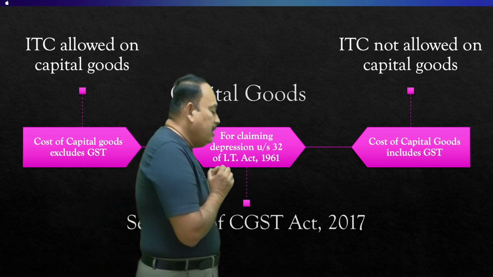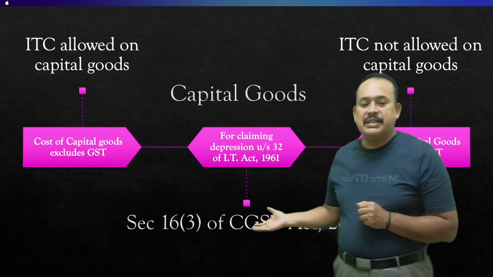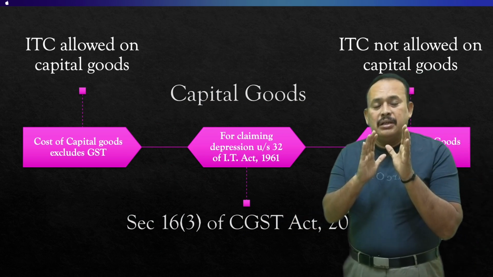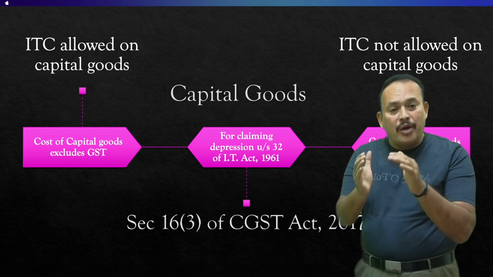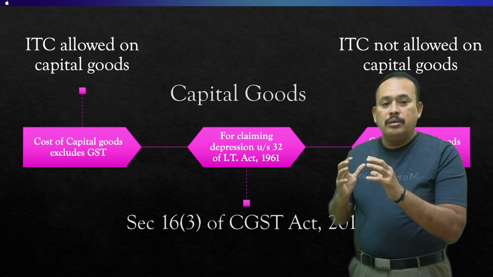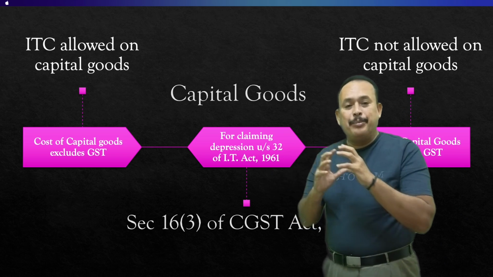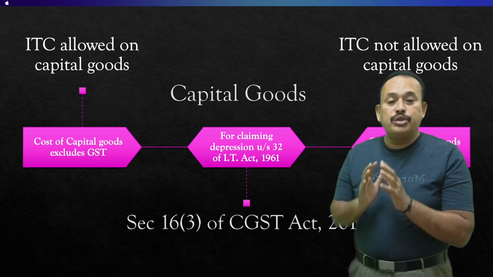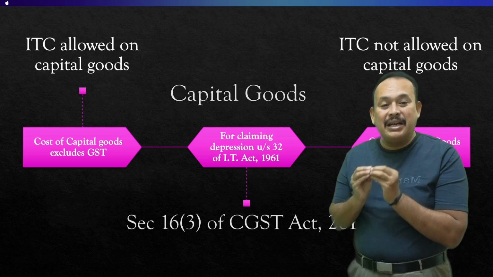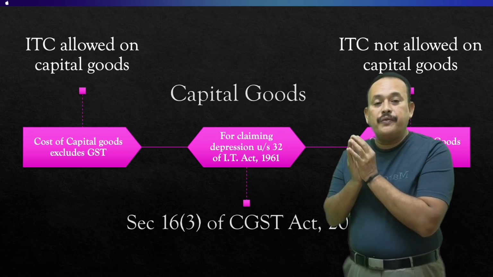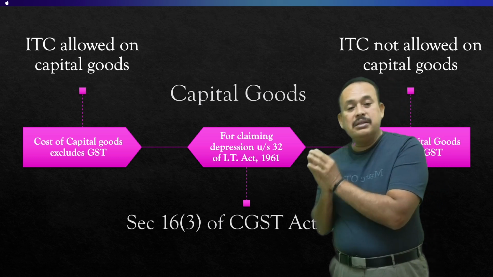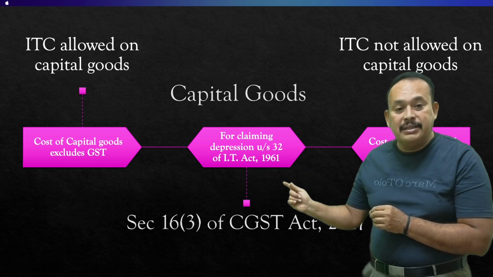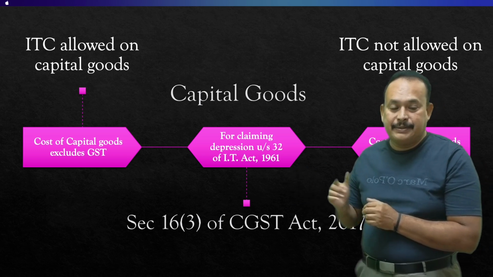Section 16, subsection 3 of the CGST says that if you, as a registered person, want to avail the ITC on receipt of capital goods, you should not capitalize the cost of GST on such capital goods for claiming depreciation under section 32 of the Income Tax Act.